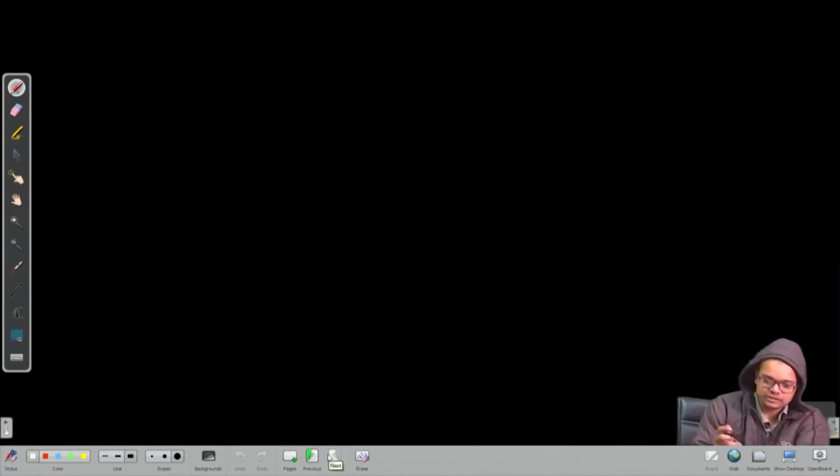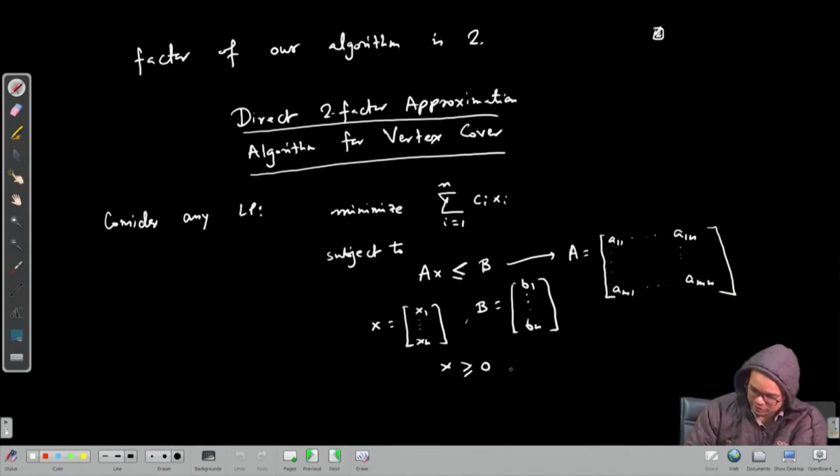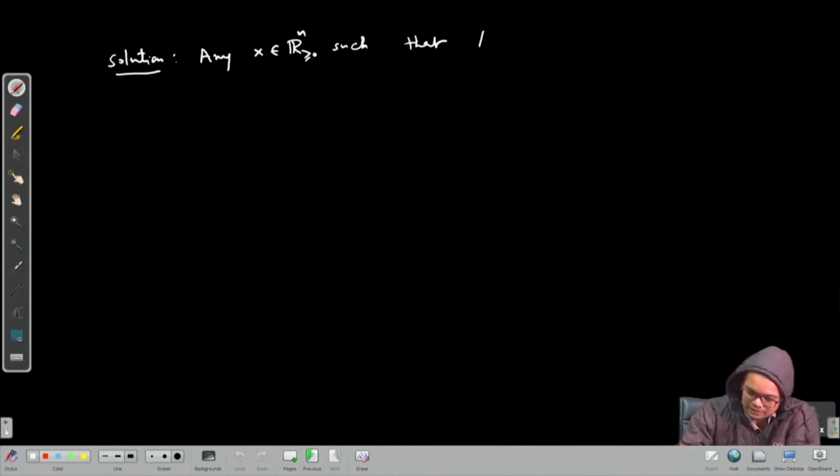So, some notation. A solution is any x in R^n such that x is greater than or equal to 0, because it needs to satisfy these constraints, and Ax is less than or equal to b.